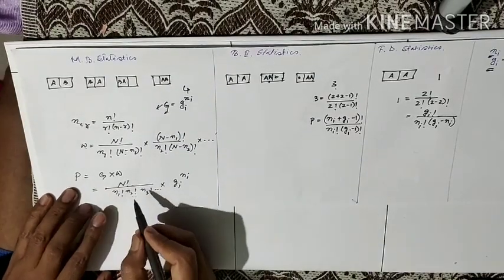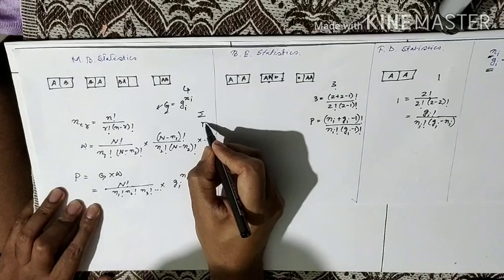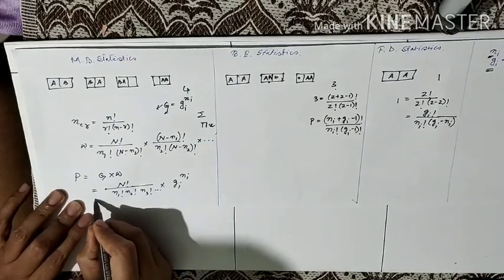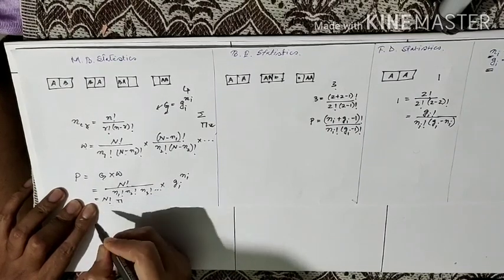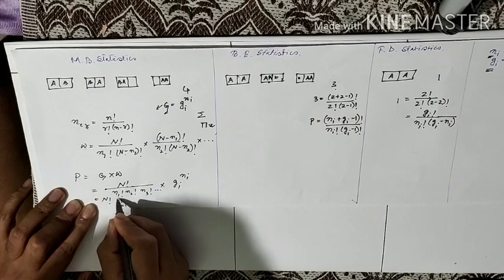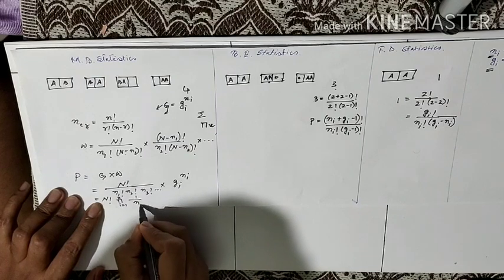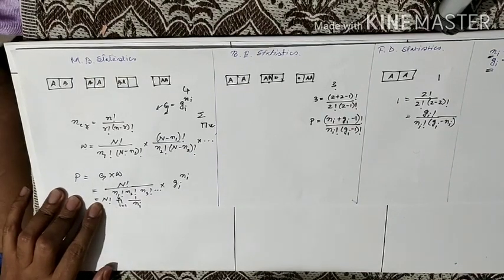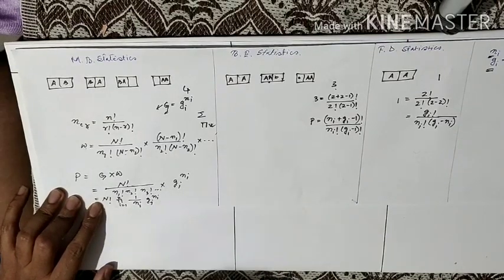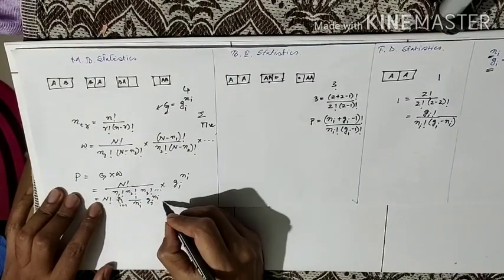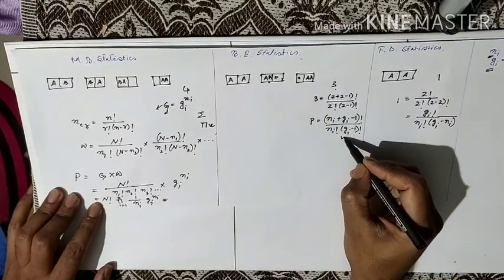Okay, in case of summation you write this symbol, but in case of multiplication you write the symbol pi. So I will write n factorial and bring it outside, then product over i is equal to 1 to k, say there are k cells, then 1 by ni factorial, and then Gi to the power ni.